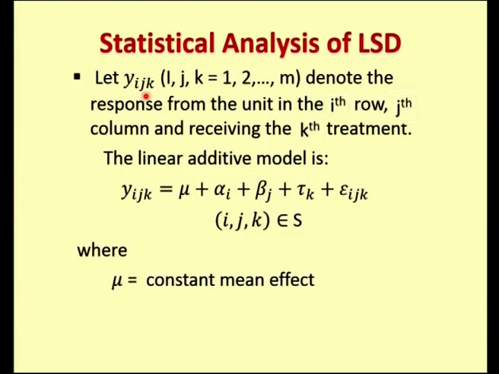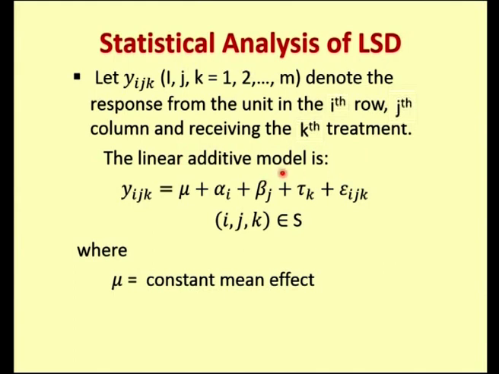Now, we will see the statistical analysis of LSD. So, here Yijk, where the triplet ijk ranges from 1 to m, denotes the response from the unit in the ith row and jth column receiving the kth treatment.